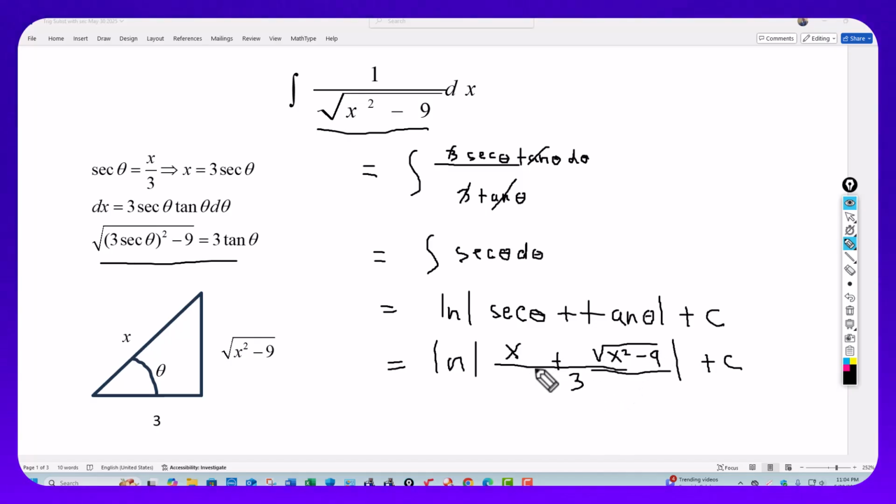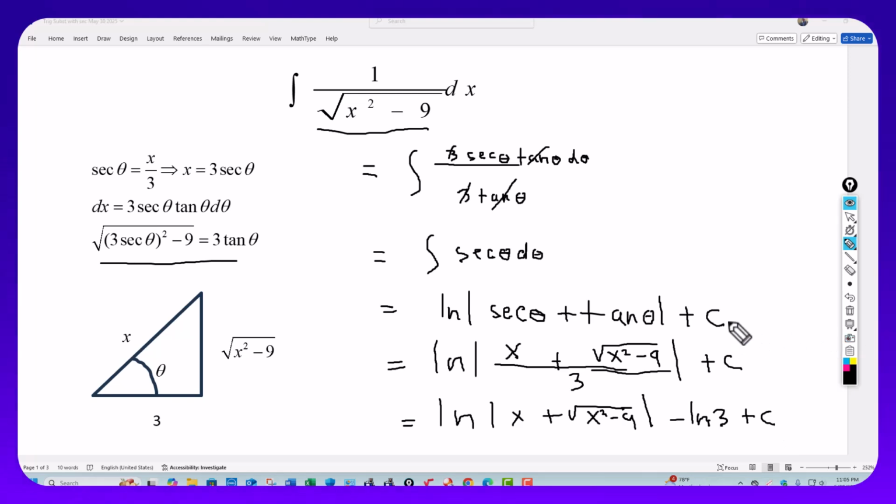But then what they did is they said, okay, we have the log of a fraction, so this is going to be equal to the log of the numerator, which is x plus the square root of x squared minus 9, and then minus the log of the absolute value of 3, plus the constant of integration.